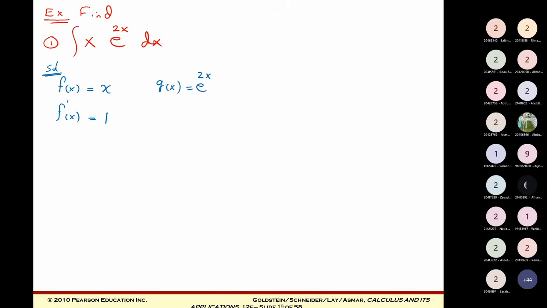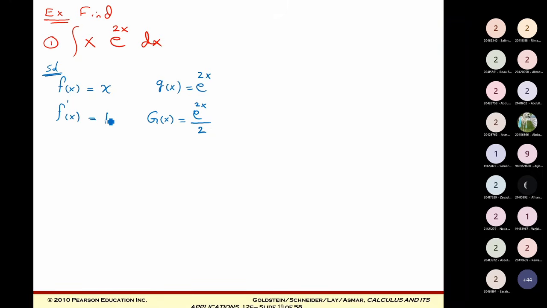Okay, and g capital, this is the integration, this is easy: e to the power 2x over 2, because the integral of e to the power ax equals e to the power ax over a.